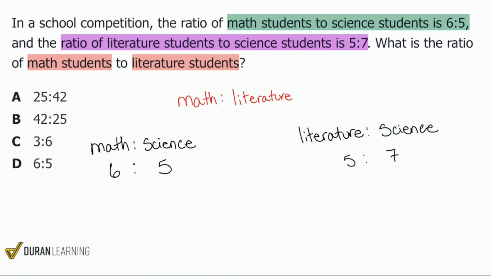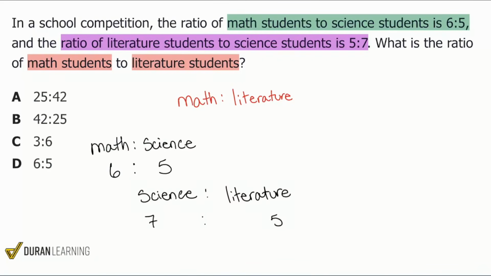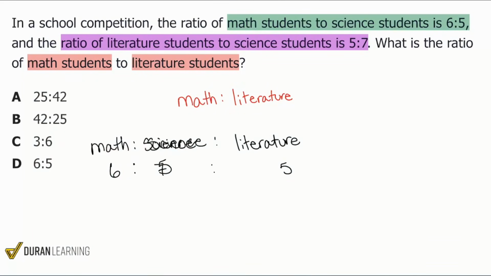They both have science. What does that mean? That means if I can get the same number on science, which I don't have at the moment, let me show you this. Let me go ahead and take the literature and swap it out with science, so it's on the left side. Let me show you this, everybody. If I were to put these over each other, are the numbers for science the same?